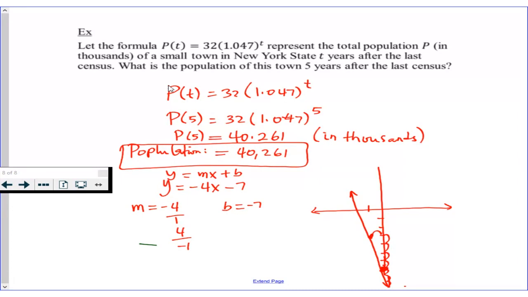Because these two fractions are the same, -4 over 1 and 4 over -1 are the same. Yeah, you have to practice. If you practice, you'll get it.